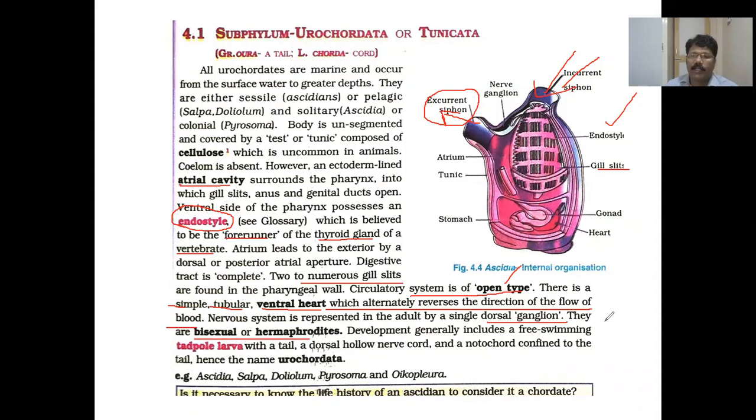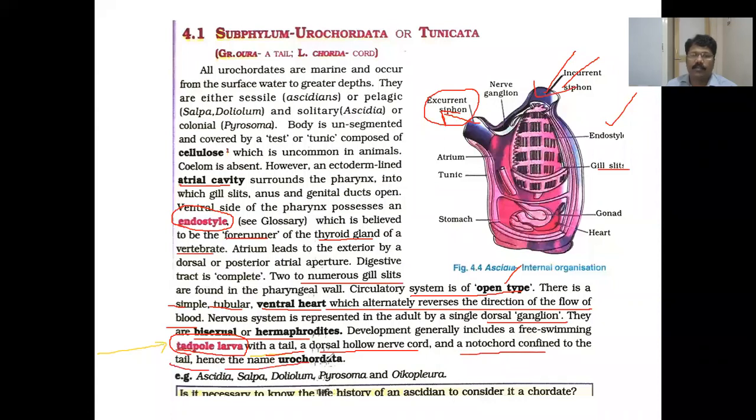Most importantly, the development includes a larva known as tadpole larva. So this you have to remember. This is a very important one. And tadpole larva will have a tail, a dorsal hollow nerve cord, and a notochord confined to the tail.